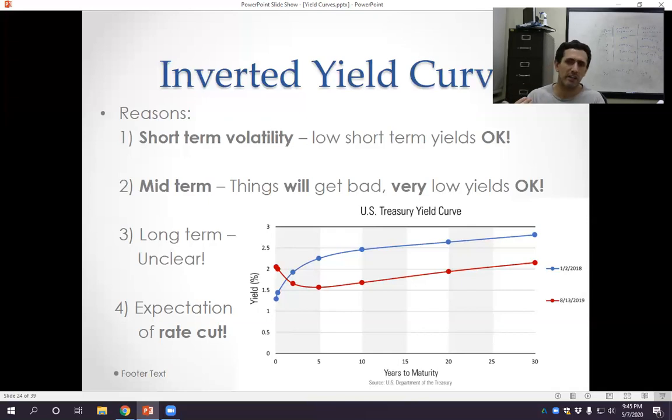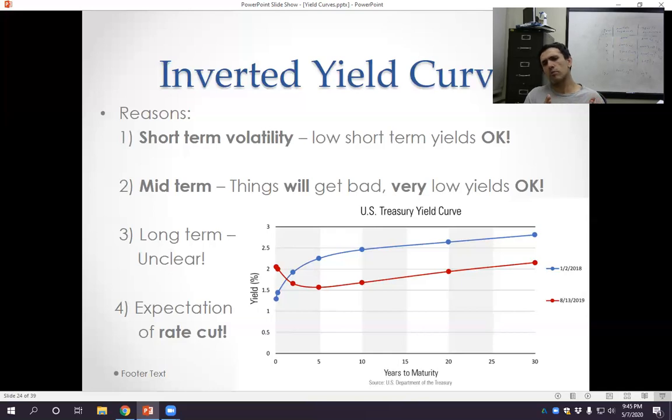They're going to want to lock in long-term rates because they're unsure of just how badly these rate cuts are going to be.